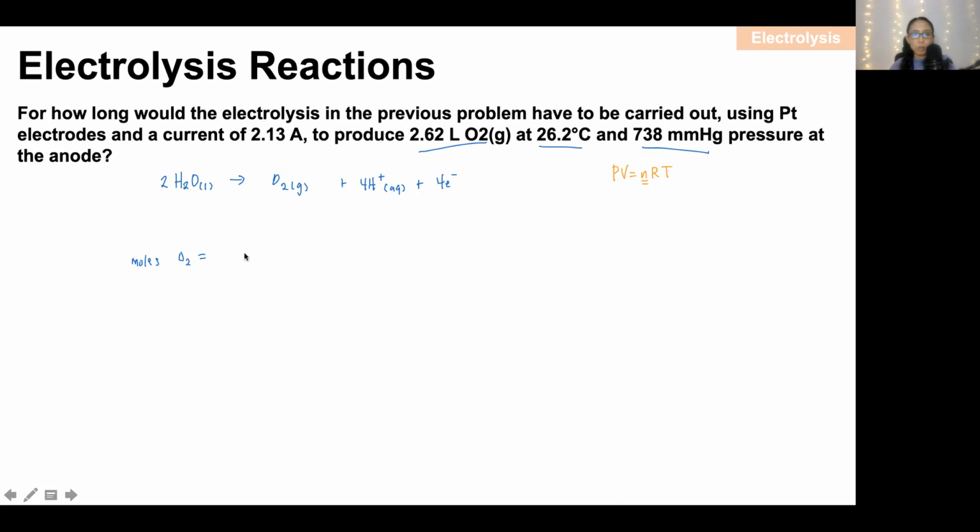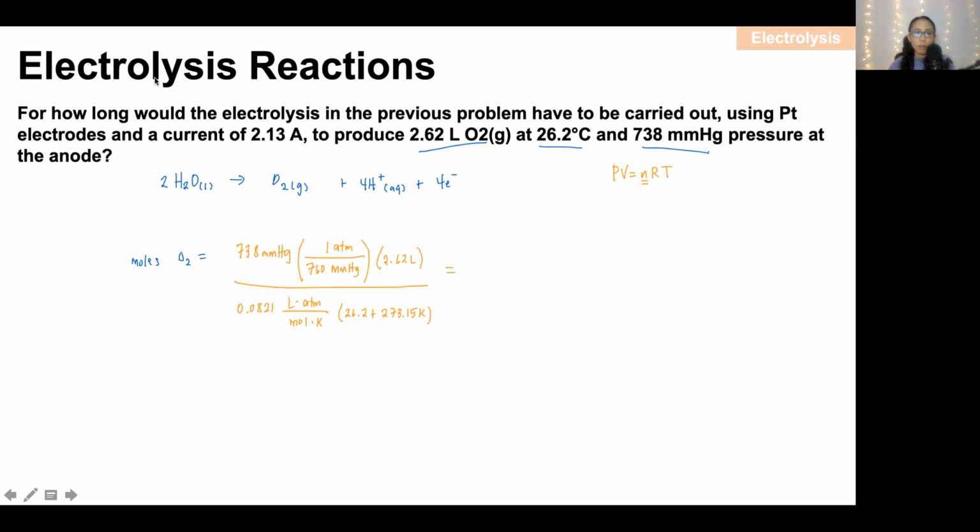So that is pressure, 738 millimeters mercury converted to atm. So the conversion is 760 millimeters mercury to 1 atm, times the volume in liters, over the gas constant first, 0.0821 liter atmosphere per mole per Kelvin, times the temperature, 26.2 plus 273.15 Kelvin.